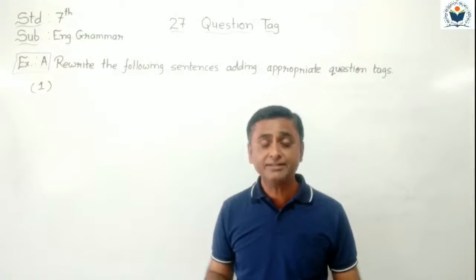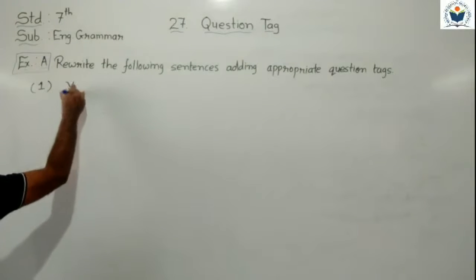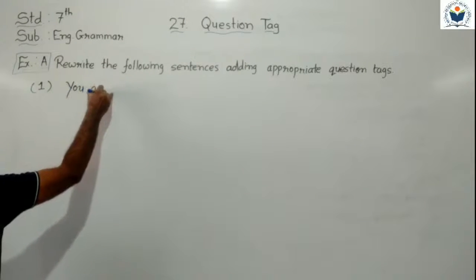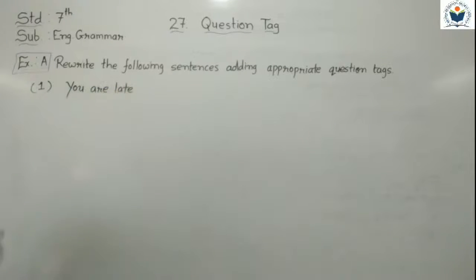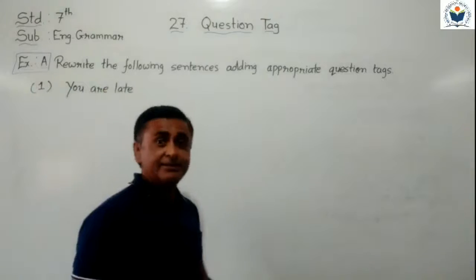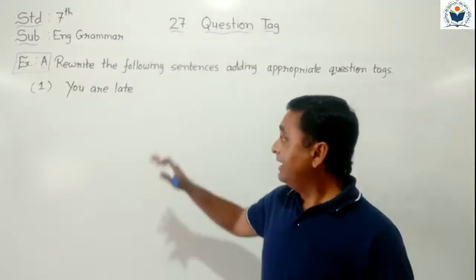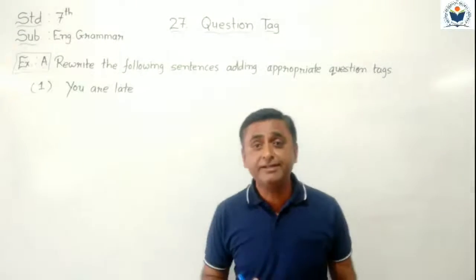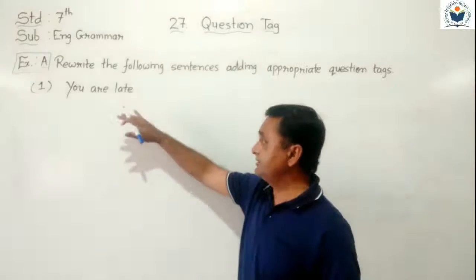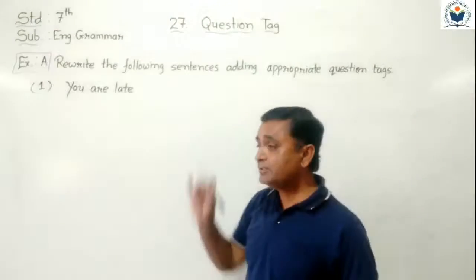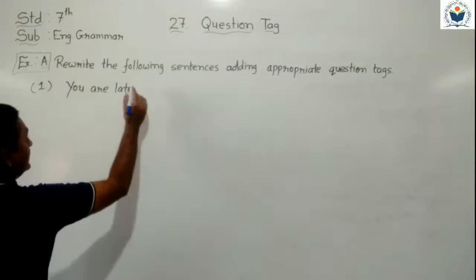Okay. Now the first sentence is given here. You are late. Now we have to add a question tag here. First of all, we have to write the sentence: You are late.